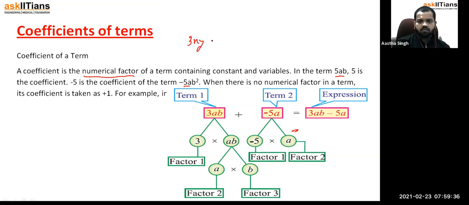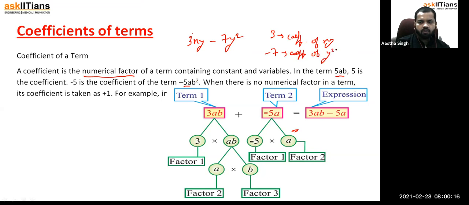Suppose the algebraic expression is 3xy minus 7y square. Here 3 is the numerical factor, and minus 7 is the numerical factor. So 3 is the coefficient of xy, and minus 7 is the coefficient of y square.